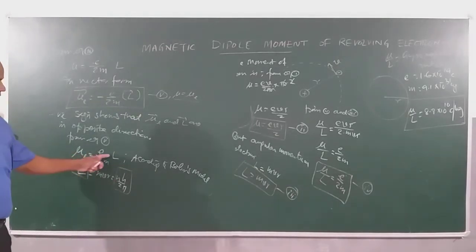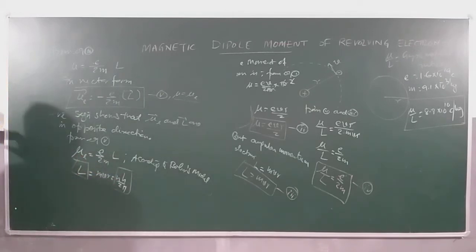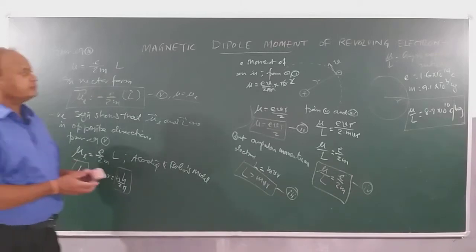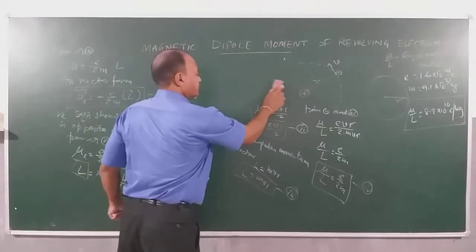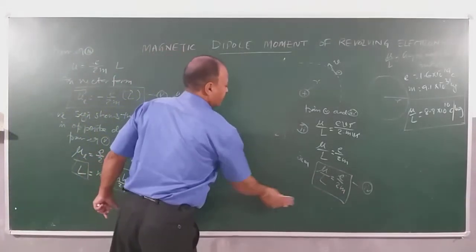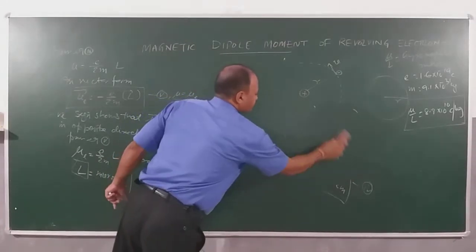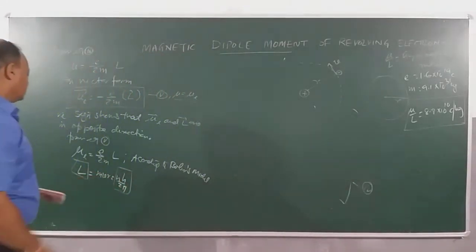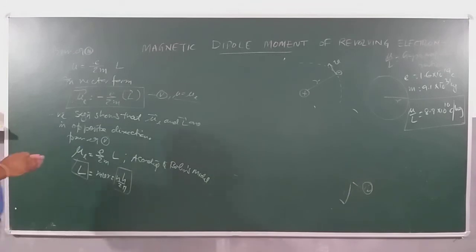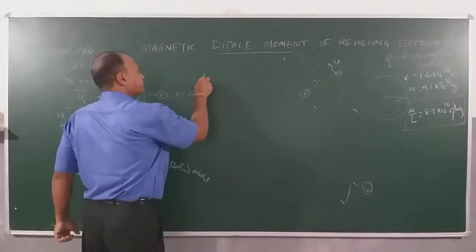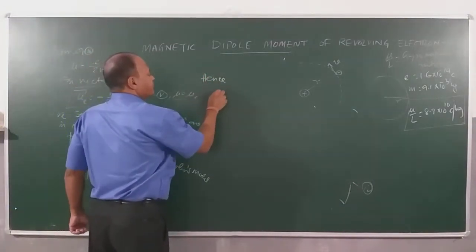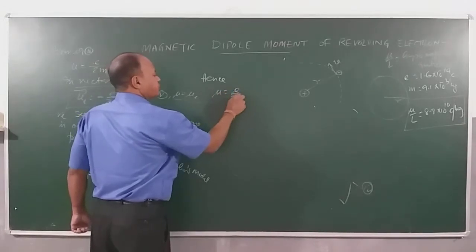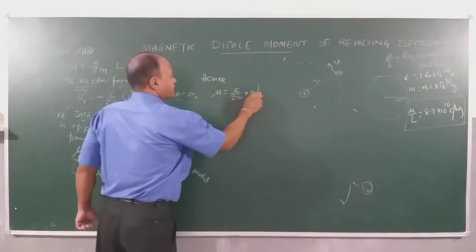So if I put here L equals nh upon 2 pi, then I get another value for the angular dipole moment, and hence mu is equal to e by 2m into nh upon 2 pi.